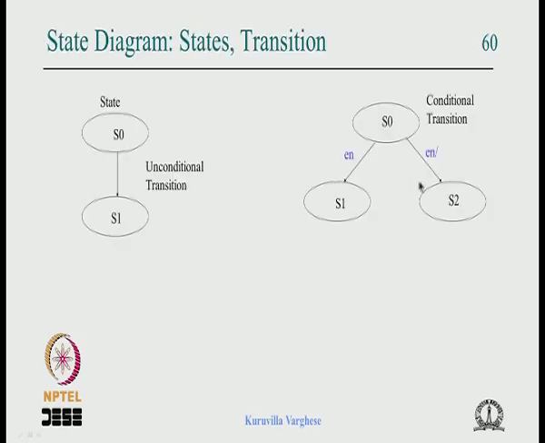So the present state is S0, and when the next clock comes, if enable is 0 then it goes to S2, and if enable is 1 it goes to another state called S1. The outputs are different, so different actions happen. It is like in a flow chart where you make a decision: depending on some input you branch to some state and do something totally different.